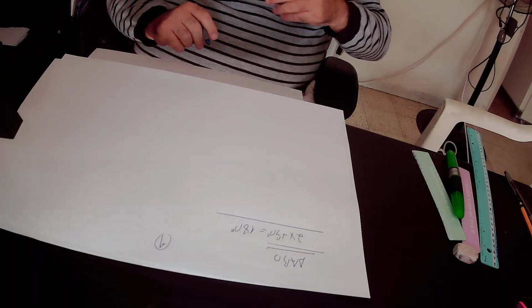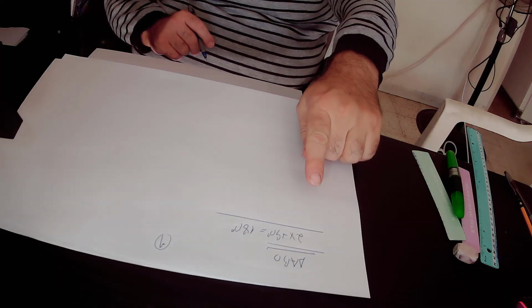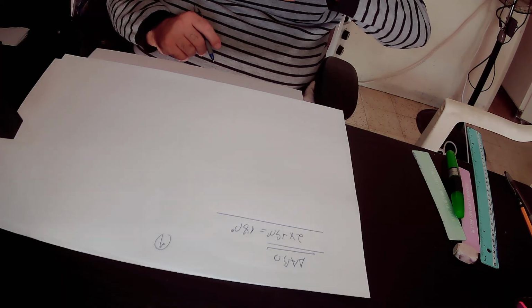So in the right triangle ABO, the sum of the angles must be equal to 180 degrees. That is to say 2x plus 90 degrees, in total must be equal to 180 degrees.